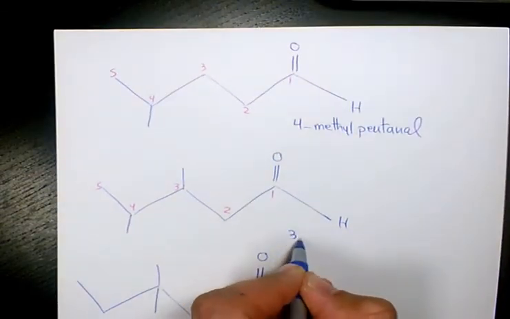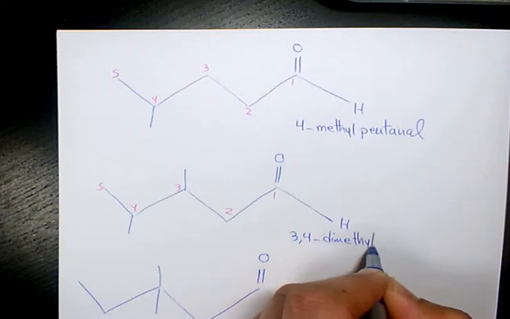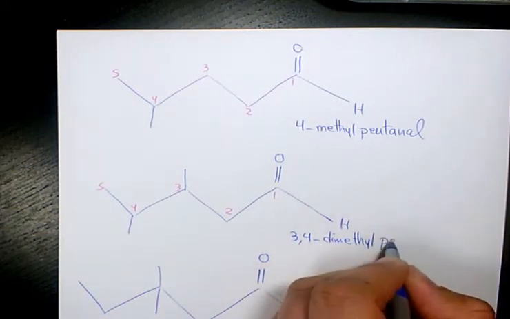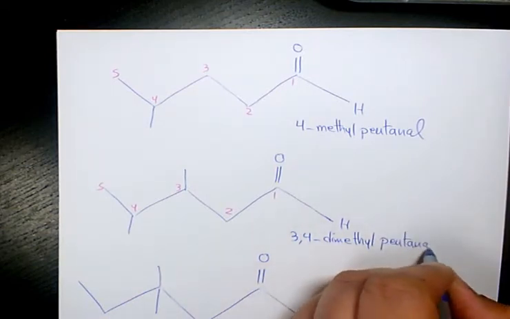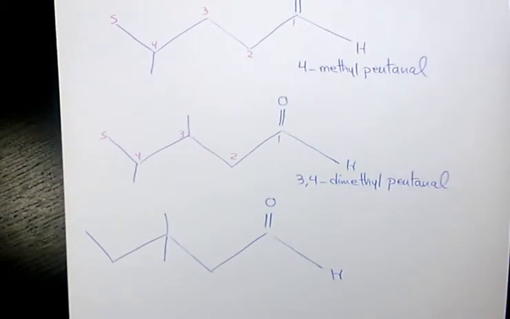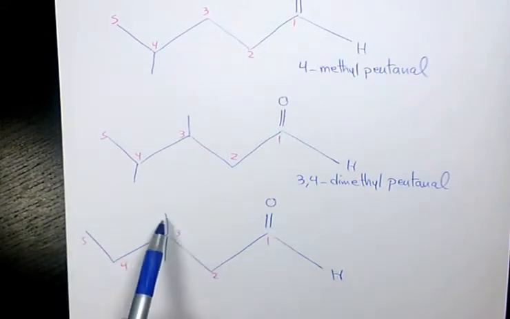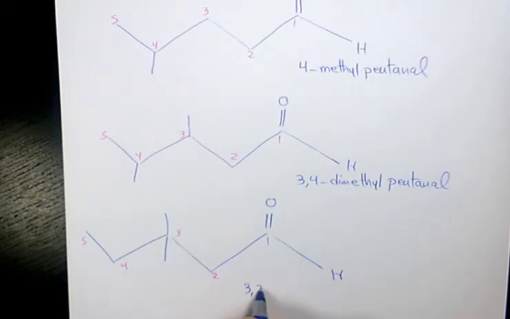So we have 3,4-dimethyl pentanal. Next, again 1, 2, 3, 4, 5. So we have 2 methyl groups on carbon number 3. So we have 3,3-dimethyl pentanal.